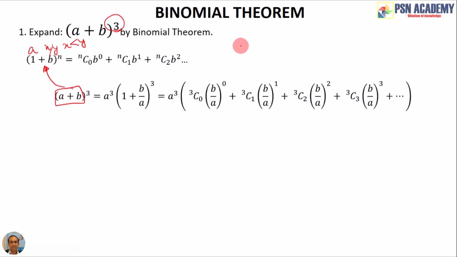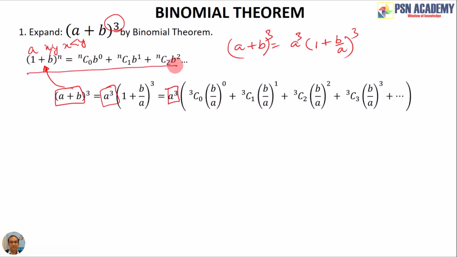Okay, I will do it here. A plus B. If you pull out A, then what will you get? 1 plus B by A, isn't it? Now, if it is whole cube, then definitely this will be like this. And now keep this A cube as it is, and you expand this part by following this formula. That means here 1 is 1, that is all right.